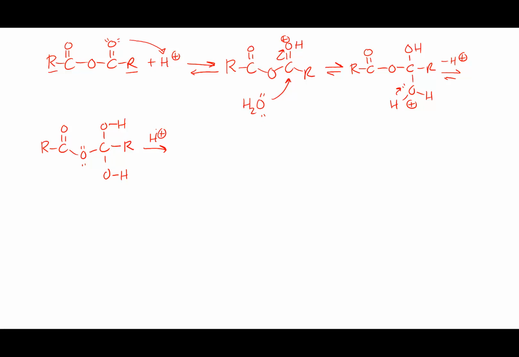We would have the acid protonate, and in this case, if it protonates either one of the two OHs, I'm working backwards. So I would go ahead and have it protonate the ester oxygen, so that it forms that oxonium ion.